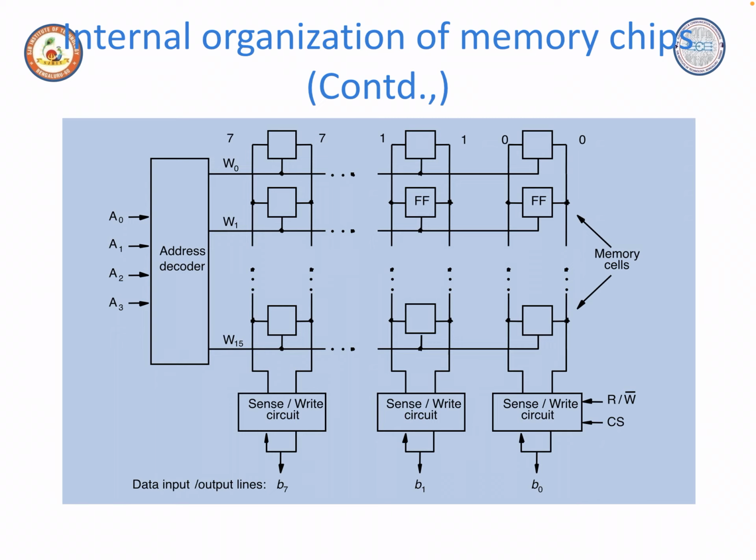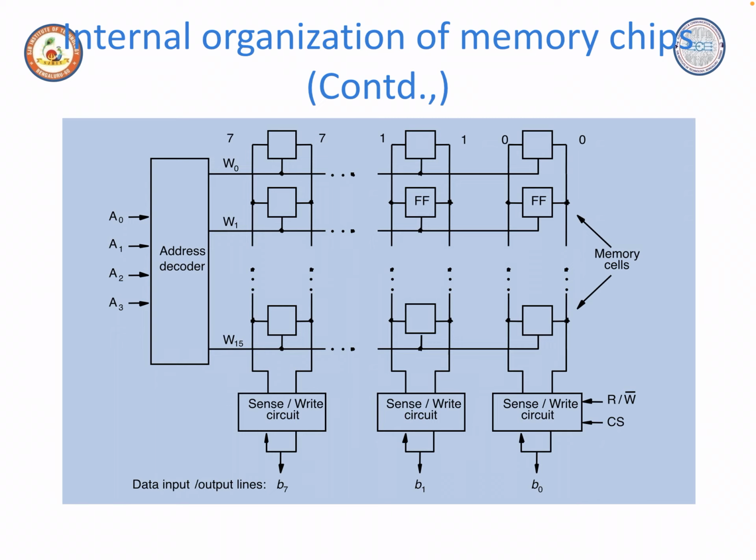In that first column, which bit I want to write or read is decided based on the sense or write circuit. Each and every sense or write circuit is provided with 2 control signals: one is read write bar and the other is CS.